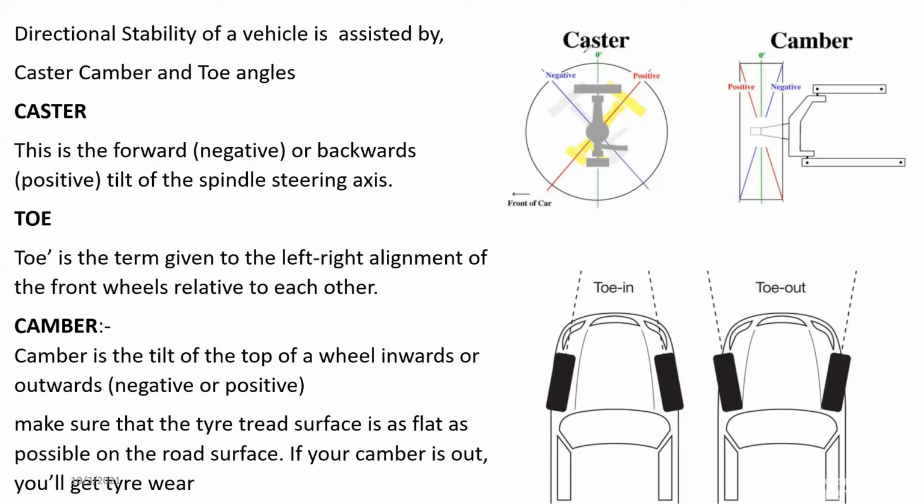I'm not actually going to go through this in great detail because it's very complicated, how the caster angle comes, how the toe comes, and everything. Camber is another important thing. The camber ensures that the maximum amount of the tire is always touching the ground.